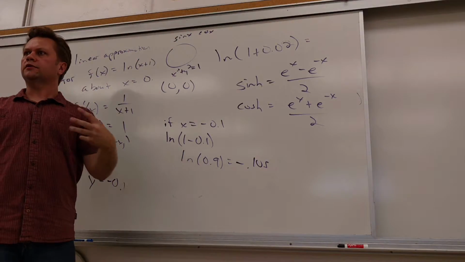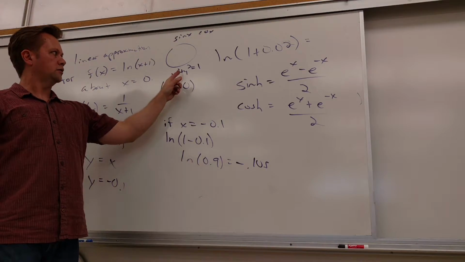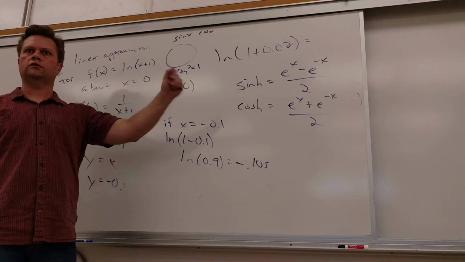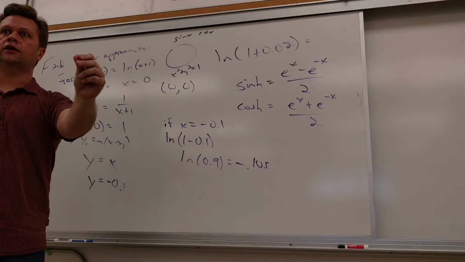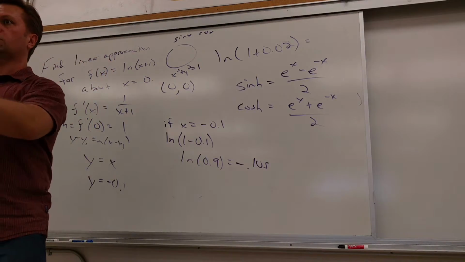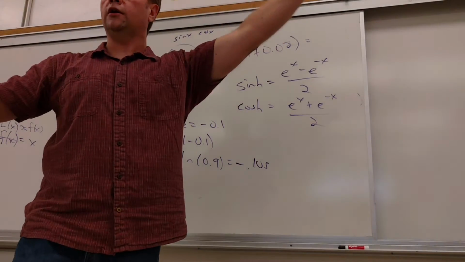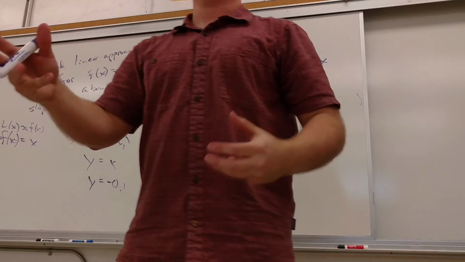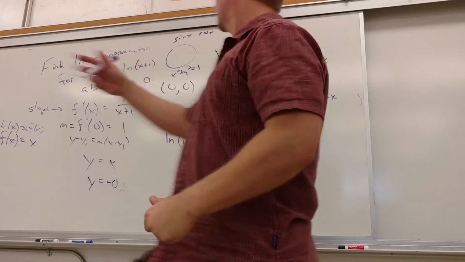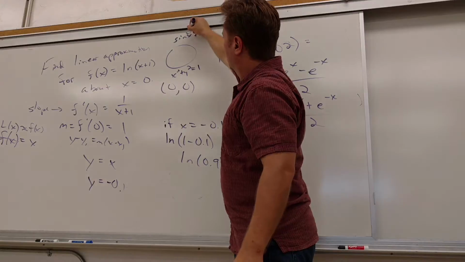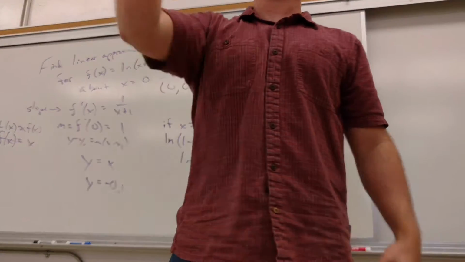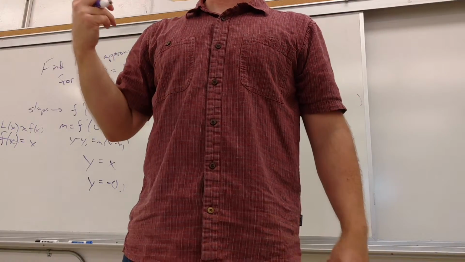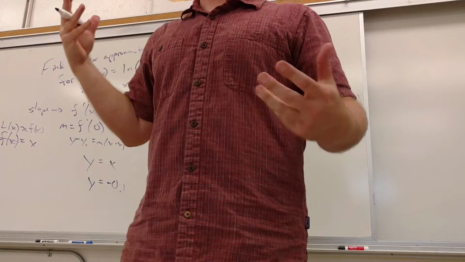A hyperbola is x squared minus y squared. So if I have trig functions based on hyperbolas, they should have a fundamental property: cosh squared minus sinh squared is 1. And they do. That's why, because they're based on hyperbolas, not circles. If I based it on hyperbolas, it would have a minus in the middle.